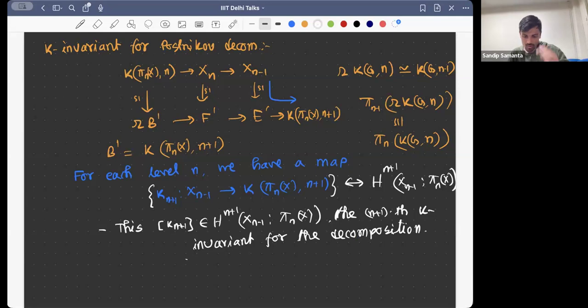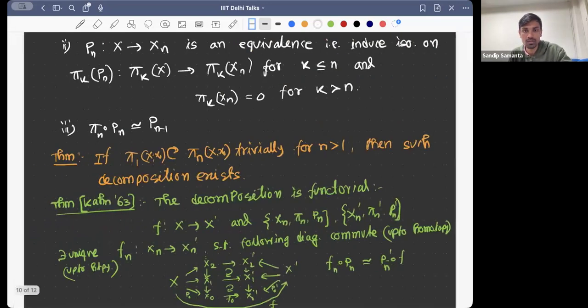So what is the relation of this k-invariant with the functorial decomposition that we have seen in the last lecture?